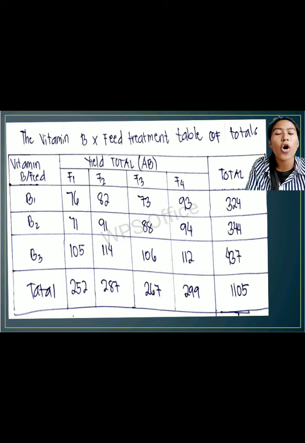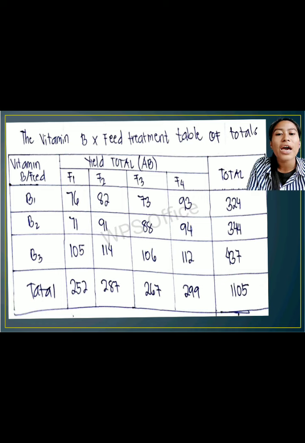After that, we also add all the columns. Column F sub 1, vitamin B sub 1 to B sub 3, has a total of 252. Next column, F sub 2, vitamin B sub 1 to B sub 3, is a total of 287. Next column, F sub 3, vitamin B sub 1 to B sub 3, has a total of 267.